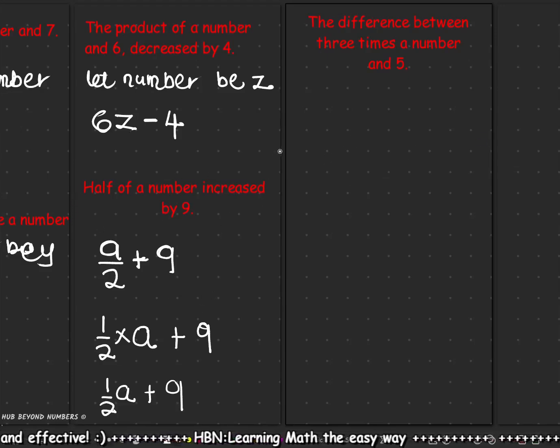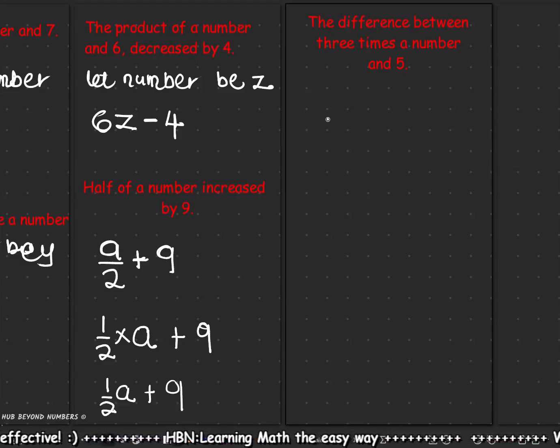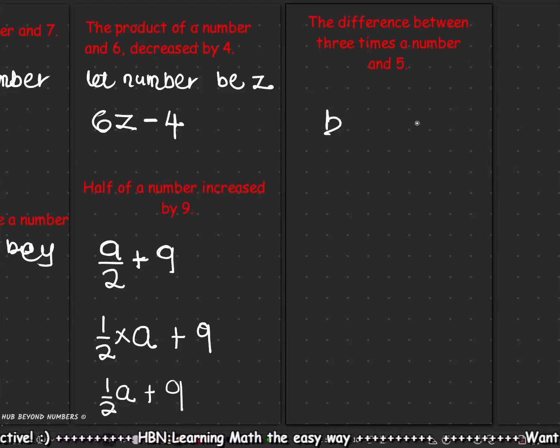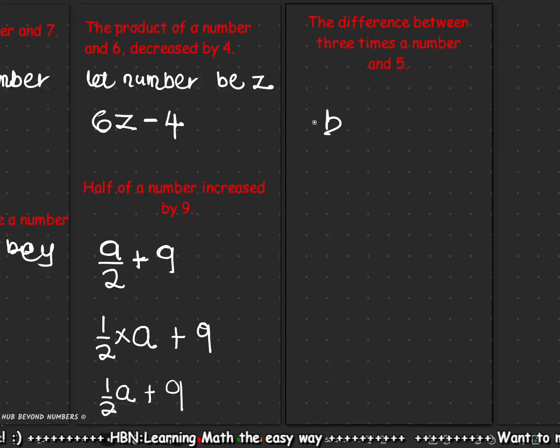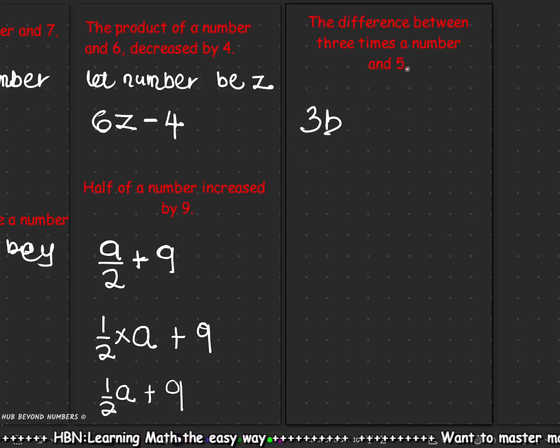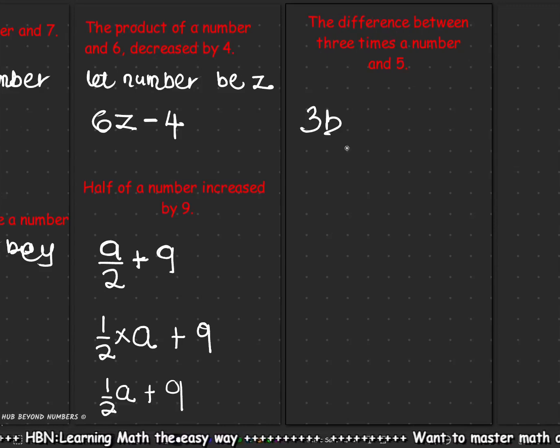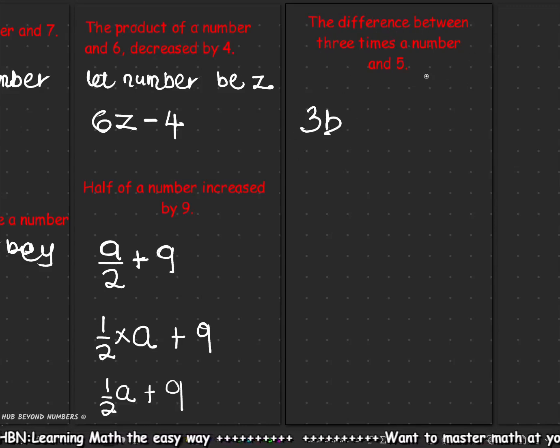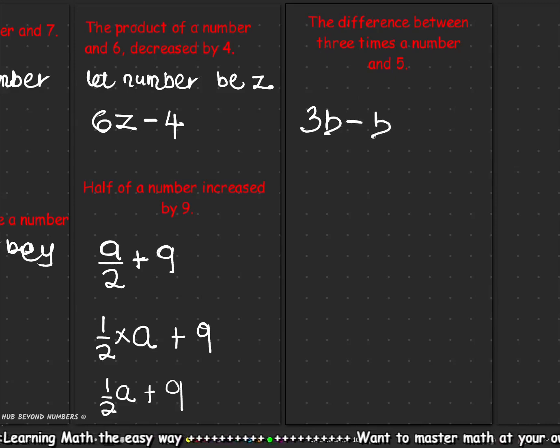We first need a number, let's say it's b. Then 3 times b is 3b. Now the difference between this and 5, so its difference with 5. That is 3b minus 5.